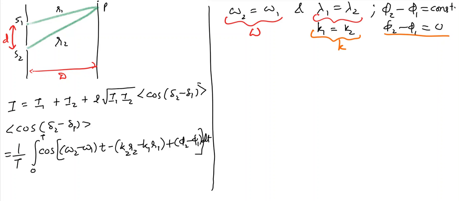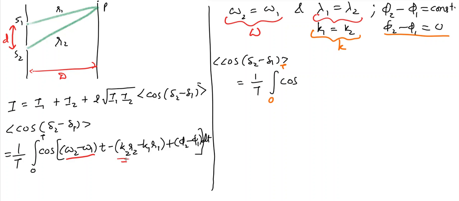So with this consideration, I should be able to write the average of cos delta like this: 1 by T integration from 0 to T of cos of, now I don't need to write omega 2 minus omega 1, that term will vanish, it will be 0 because both omegas are the same.